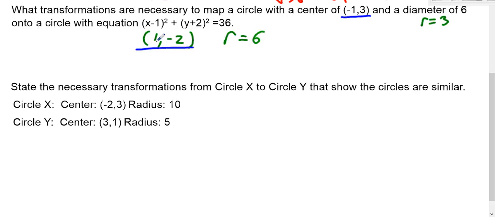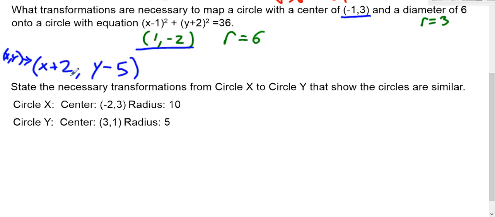How do you get from -1, 3 to +1, -2? To go from -1 to +1, you have to add 2. To get from 3 to -2, you have to subtract 5. So you could write it as a coordinate, x, y.